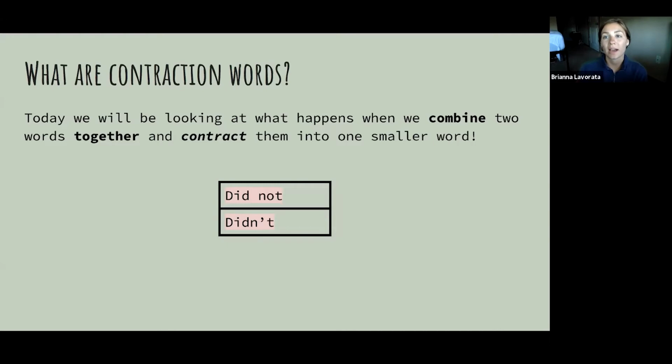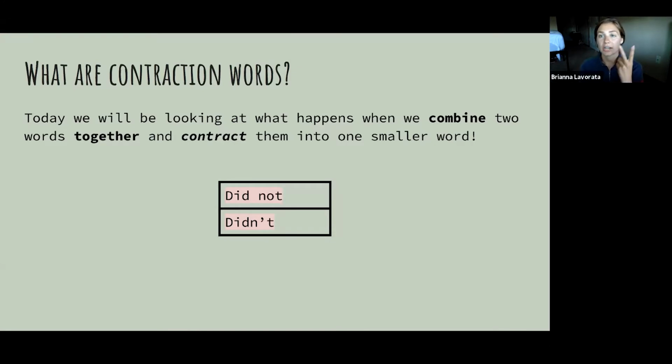For example, on the top of our chart, we have the words did not. Okay, so those are two different words. All of our contraction words today are going to be using the word not in them. So we have the words did not.